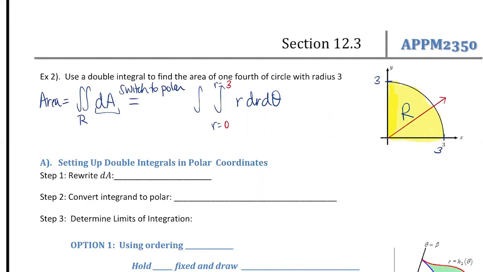And then I'm fanning that arrow like a little sprinkler over my whole region, and I'm asking what's the smallest theta that I could have chosen to shoot the arrow, and what's the largest. The smallest theta is when theta is 0, and the largest is when theta is pi over 2.